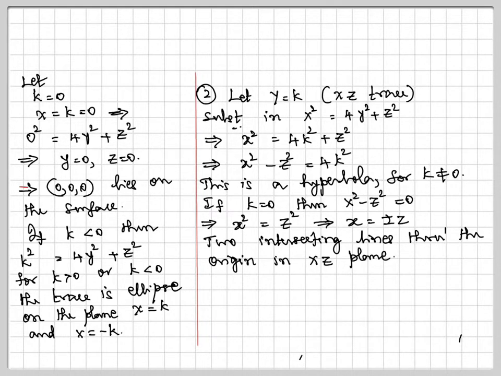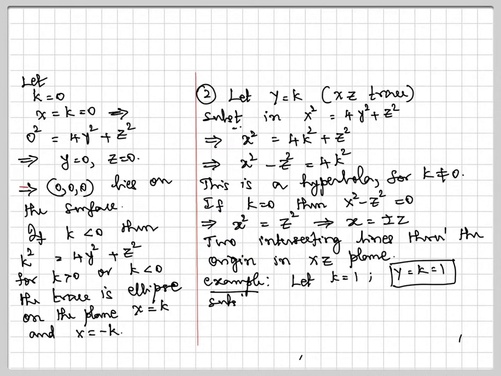As we did in the previous case, we will take a value for k and see what happens to the actual hyperbola. Let's say k equals 1 in this case. Substituting back into the original equation, we get x squared equals 4 plus z squared, that is, x squared equals 4y squared plus z squared with y equals 1, so x squared minus z squared equals 4 times 1.